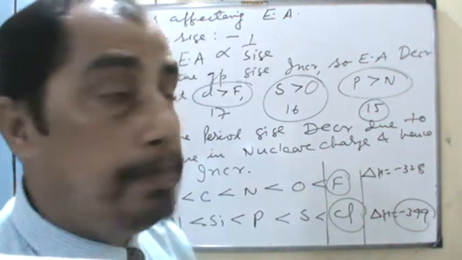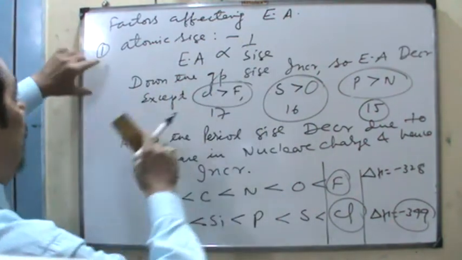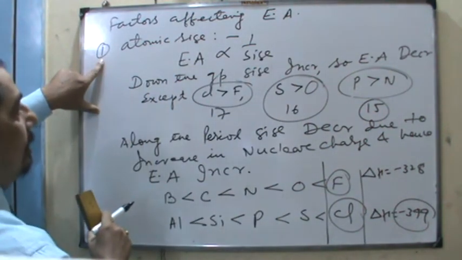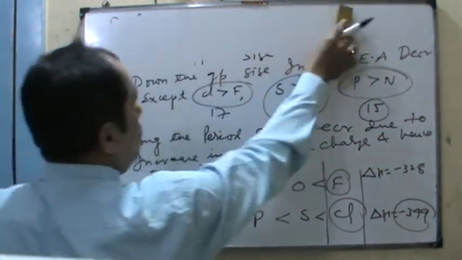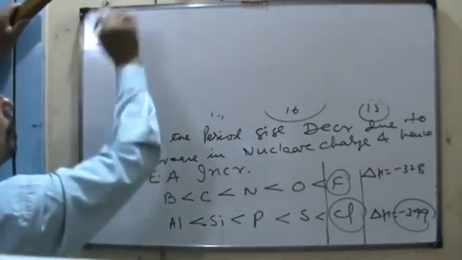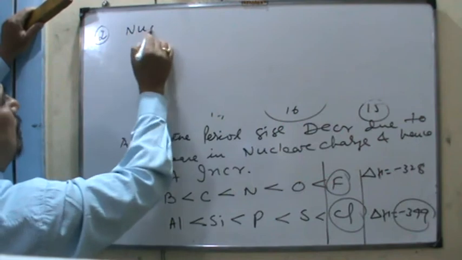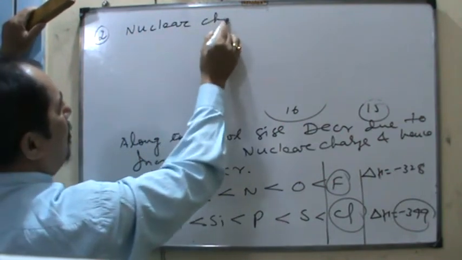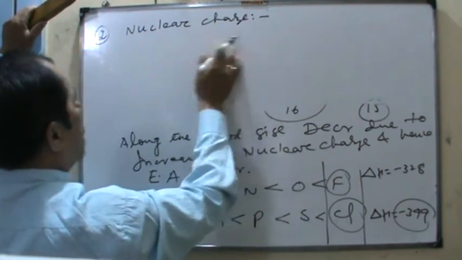It's alright. So factor one is the atomic size, and second is the nuclear charge, that is the force of attraction between electron and the nucleus.